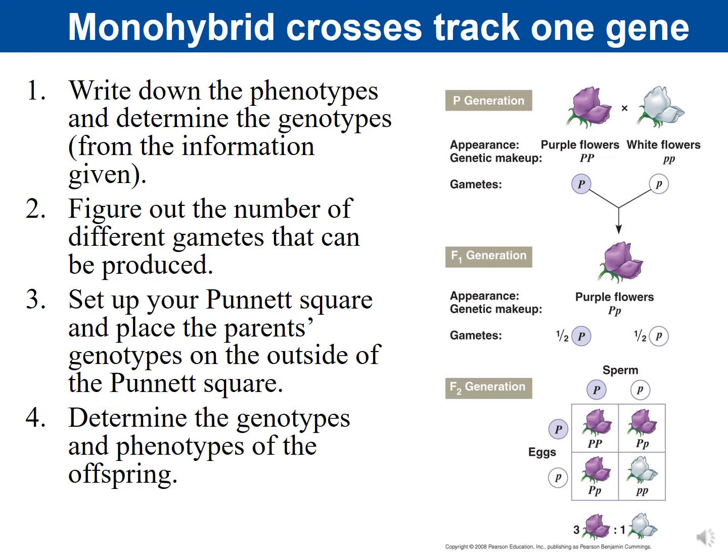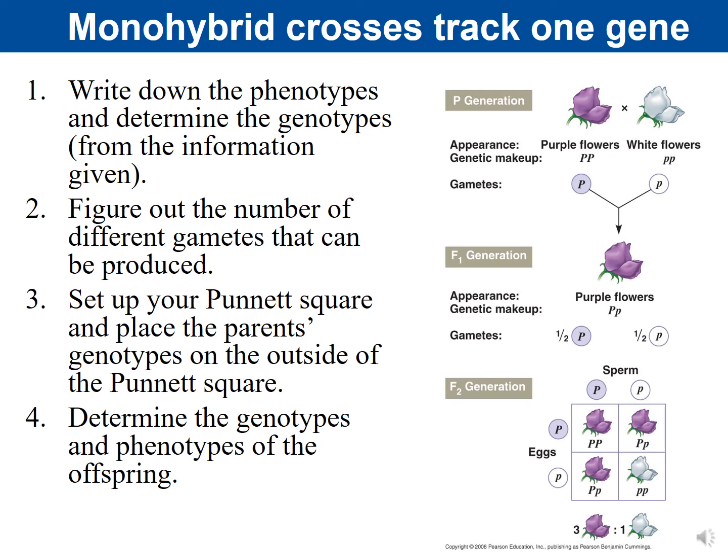So let's say we start with the parental generation and we're looking at flower color. And we're crossing what we call a true breeding purple flower. If you hear that term, true breeding purple, that means that no matter what you do, that purple flower plant is going to give rise to more purple flower offspring.